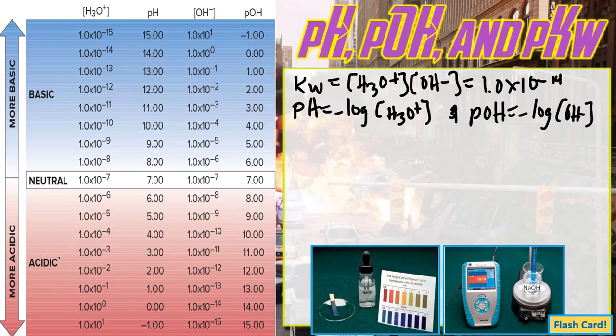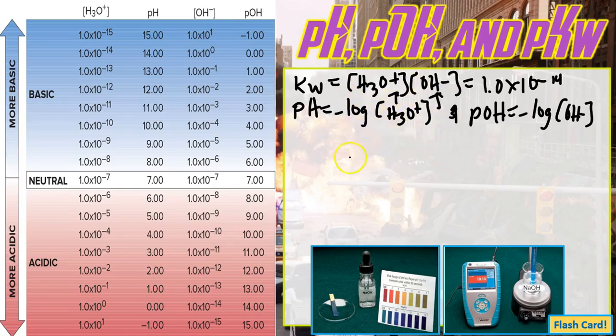Now, of course, layering all this information is going to allow us to go a step further and create an expression that connects all the variables together. And that is going to allow us to use the P scale once again. So we already used the P scale for H3O plus and OH minus. And when you're taking negative logs and multiplying them by one another, you end up adding them.